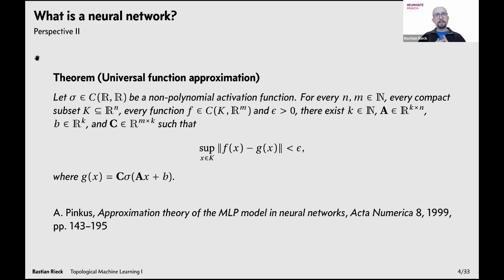It says that given some kind of neural network, which is typically done by having a kind of linear algebra equation Ax + b, right, followed by some nonlinear function sigma, it is possible to approximate any type of function coming from a specific class of functions, maybe. So in this case, it has to be compact and continuous and so on and so forth. But it is possible to approximate any type of function to arbitrary precision in a way.